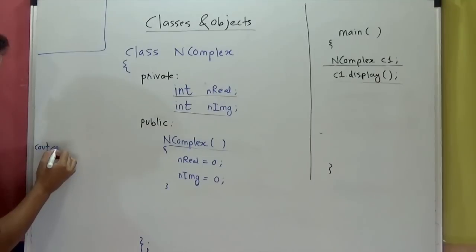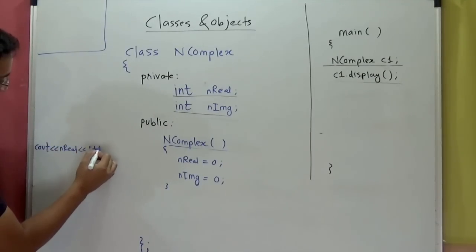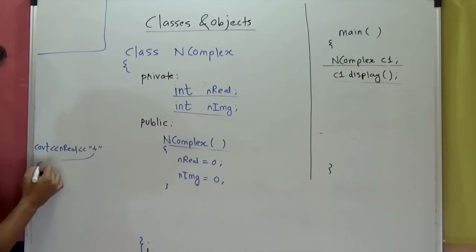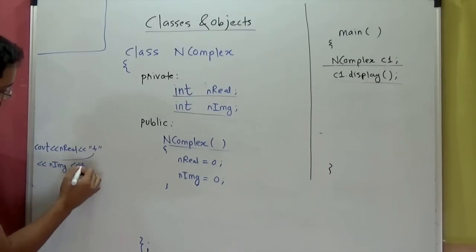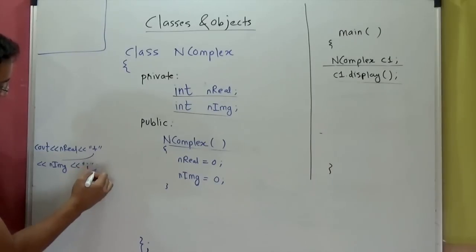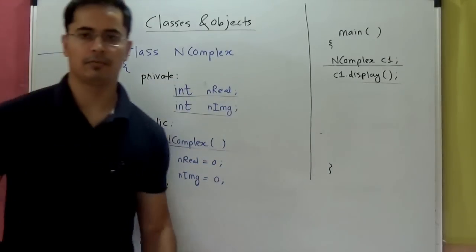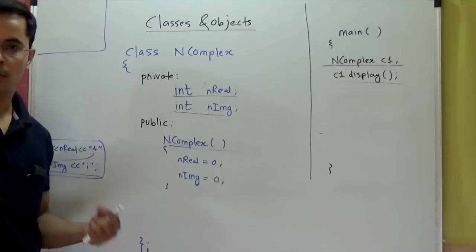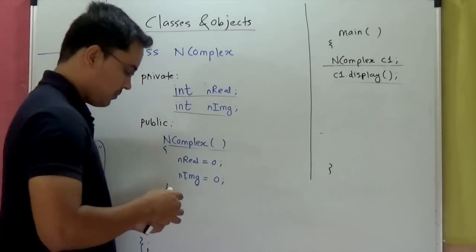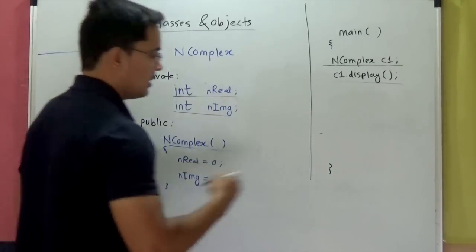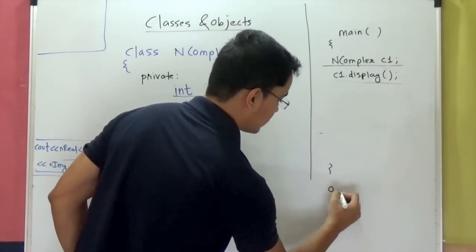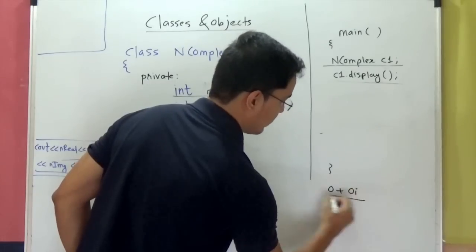It used to just say cout nReal, then plus, and then nImaginary, followed by i. So this was the code inside that display function. We were just displaying the complex number in the format. So now when I call this display function, it shall print something like 0 plus 0i, right?